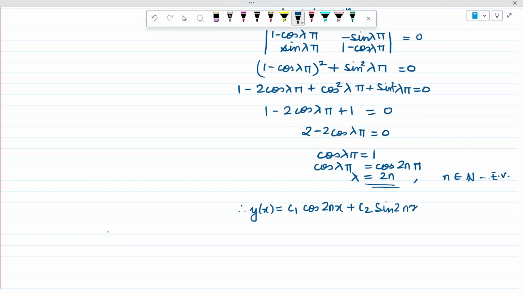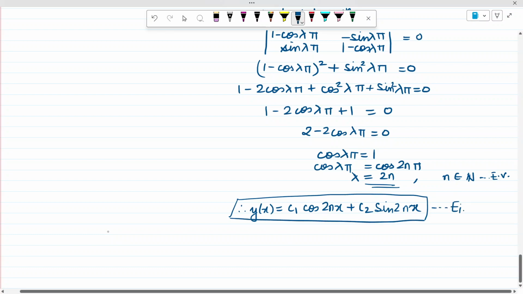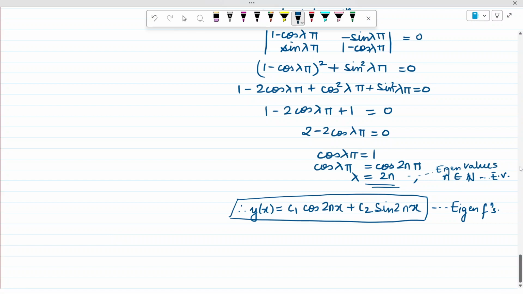As I said, in previous questions we were left with only sine or cos, not both. Here you're getting two answers, one sine and one cos, and both are linearly independent. So you will get multiple eigenfunctions here. This is what happens in periodic boundary value problems. I hope things are clear with everyone.